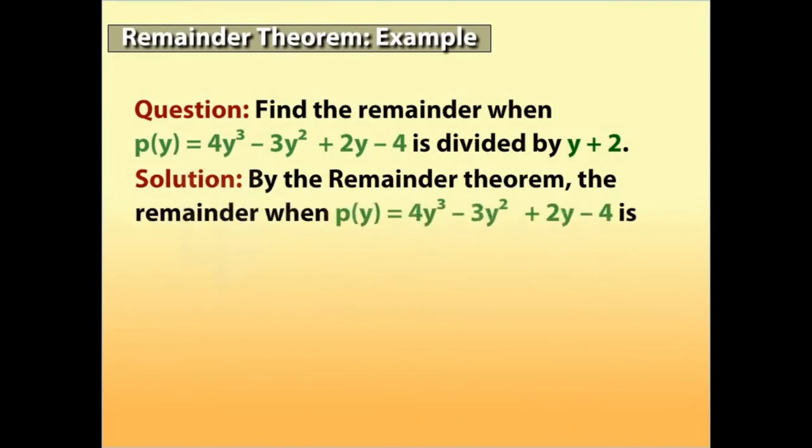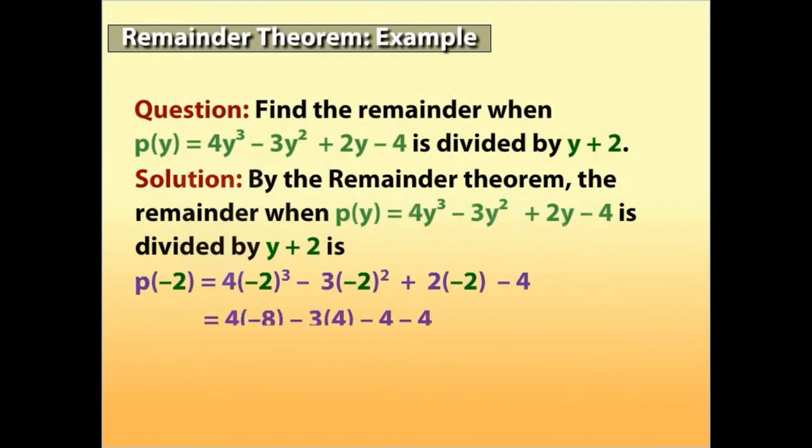Thus, by remainder theorem, the remainder when p of y is divided by y plus 2 is equal to p of minus 2, which is further equal to 4 into cube of minus 2 minus 3 into square of minus 2 plus 2 into minus 2 minus 4. On solving this, we get p of minus 2 is equal to minus 52.